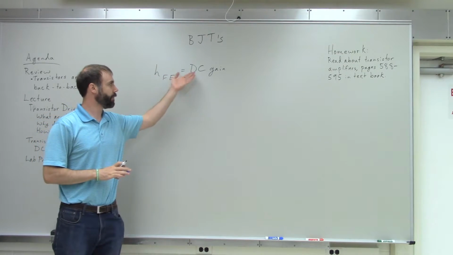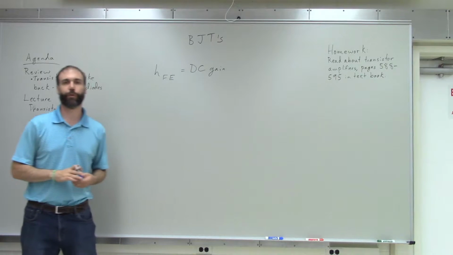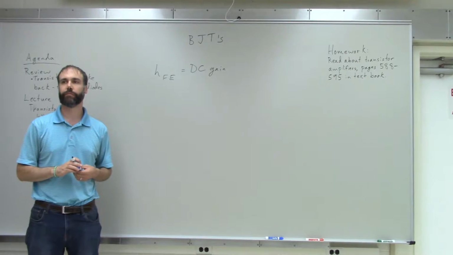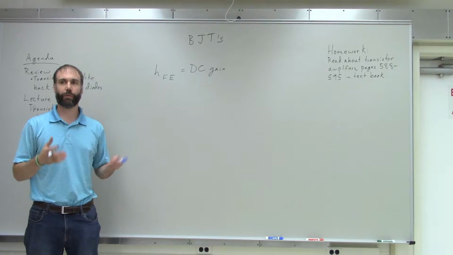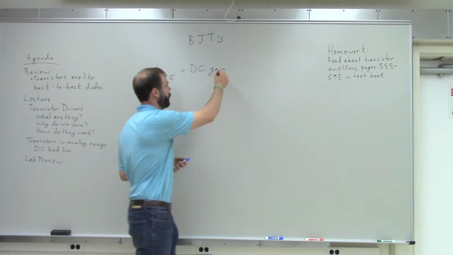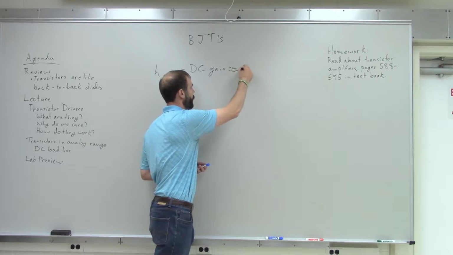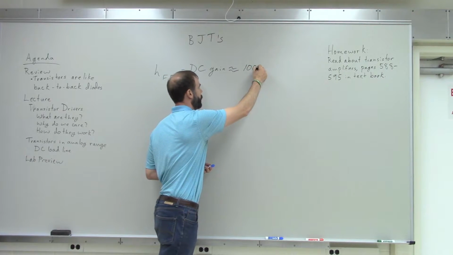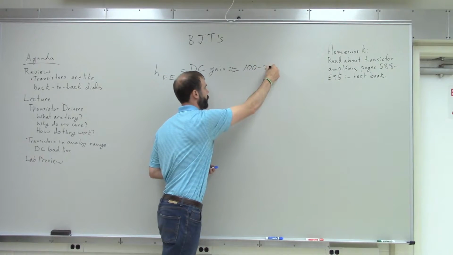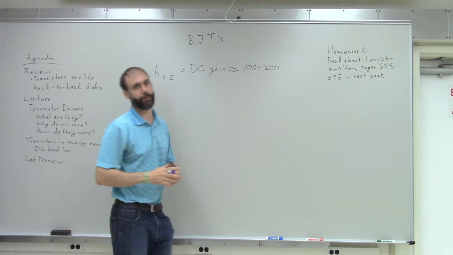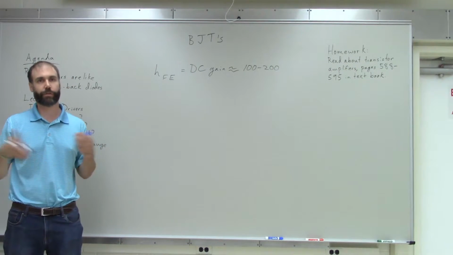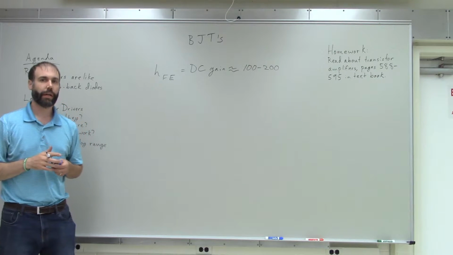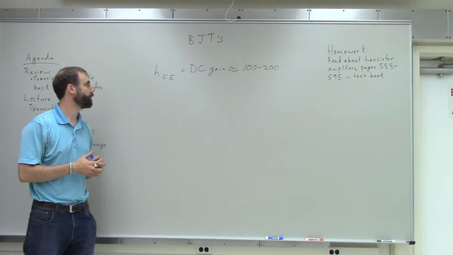Do you remember sort of the range that we found for the DC gain? Yeah, somewhere around 100 to 200 generally. And it was not real specific, right? It was kind of in that ballpark. Sometimes it was a little lower, sometimes it was a little higher, but it was somewhere around there.